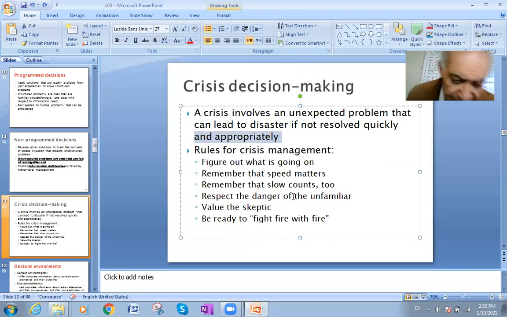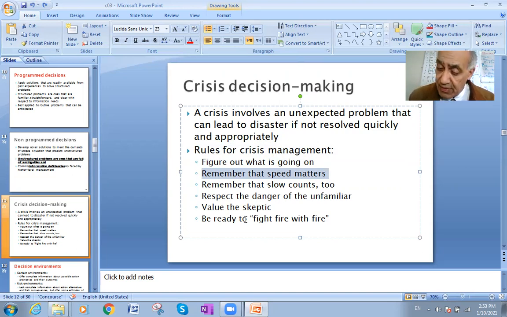So this is another point, in which we talk about rules for crisis management. What we have to do in crisis management: figure out what's going on. Remember that speed matters, because in a crisis you should move very fast. Remember that slow counts also, so don't be slow.